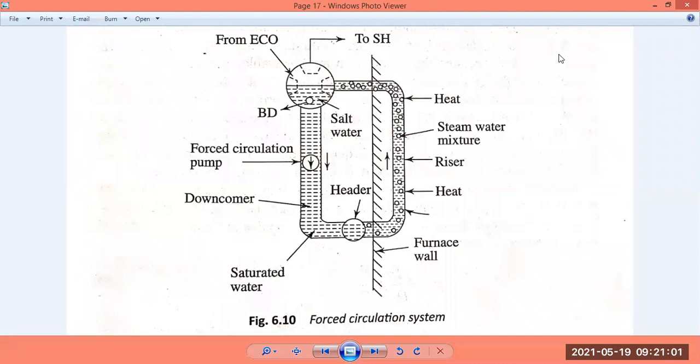What I have just told you: all four walls of the furnace are occupied by the pipes of the risers, which act as the cooler of the furnace by taking away the heat generated inside the furnace, increasing the phase change of the liquid water itself.